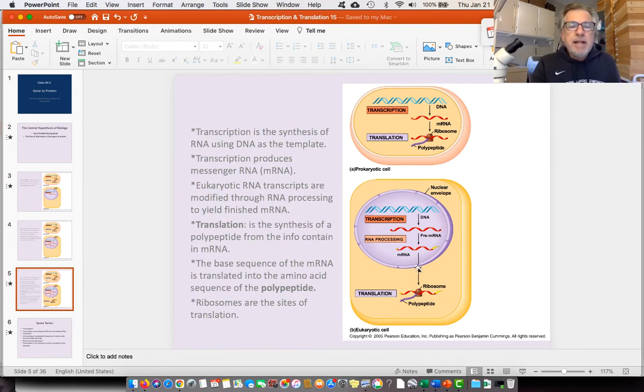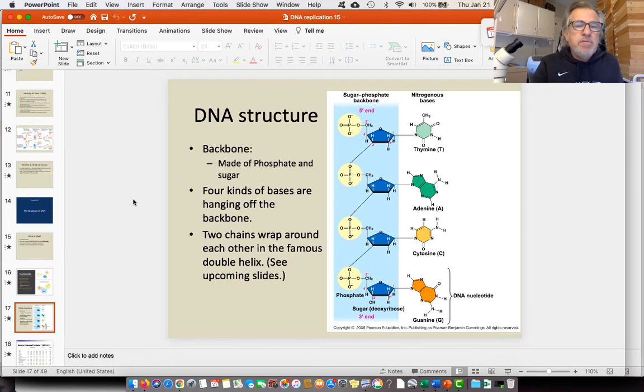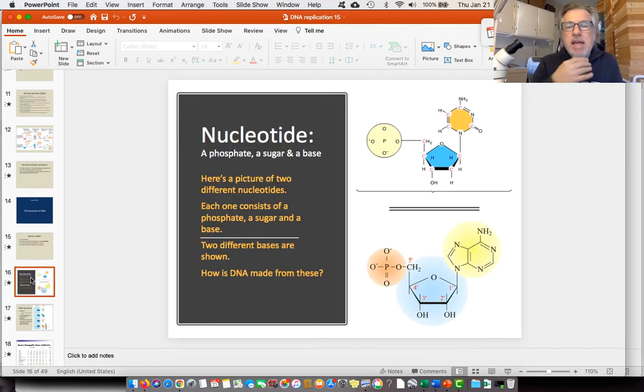So let's now go to what the DNA molecule actually looks like. Well, the building block molecule for DNA is what is called a nucleotide. And the nucleotide itself is composed of three other molecules. It's composed of a sugar, which is here shown in blue. And in the case of DNA, that sugar is deoxyribose. In the case of RNA, it is ribose.